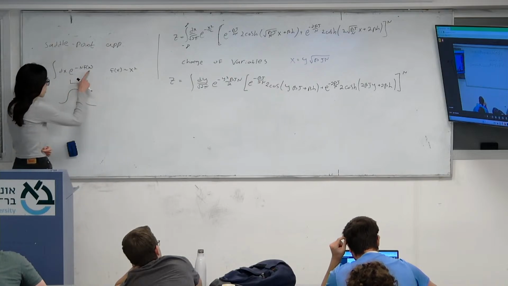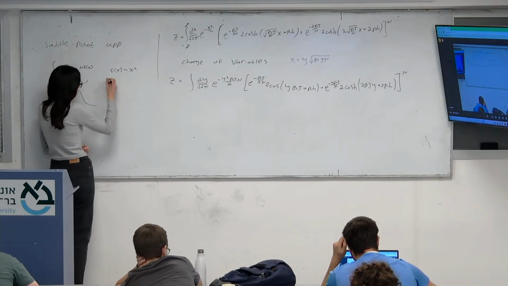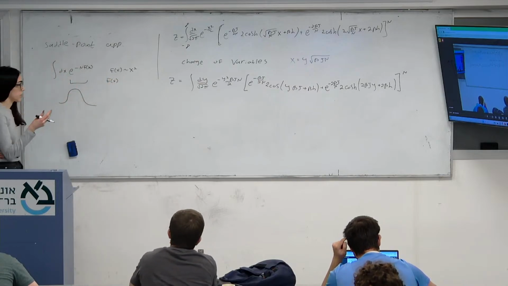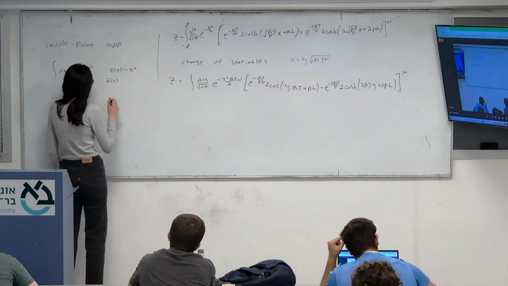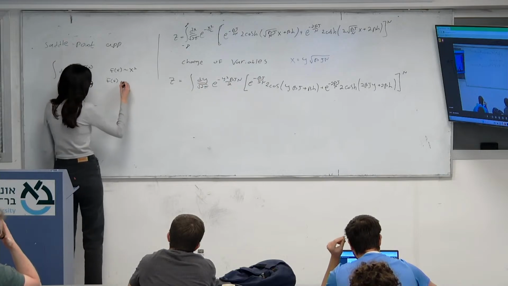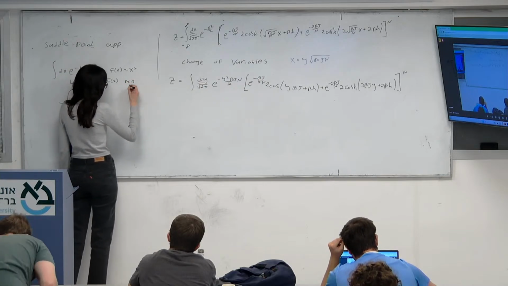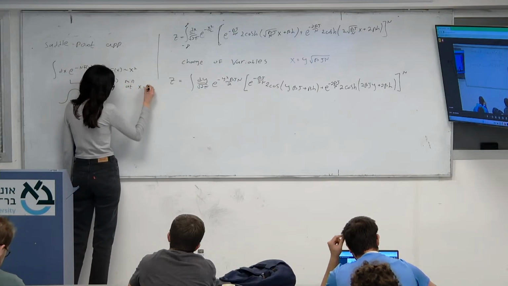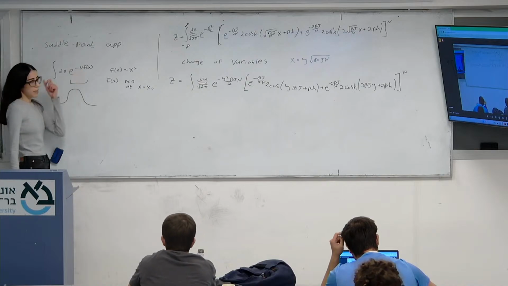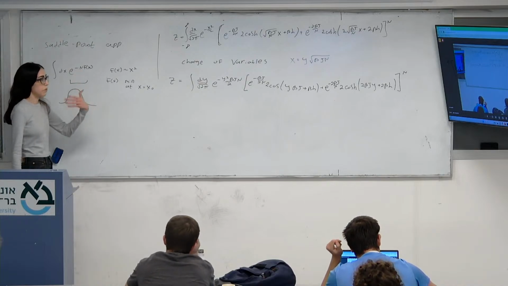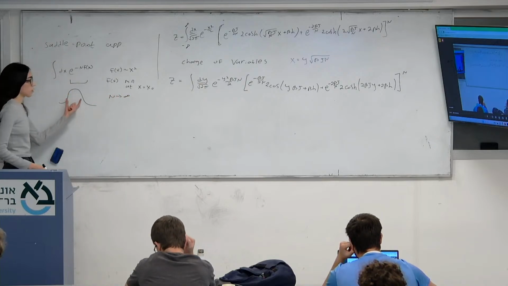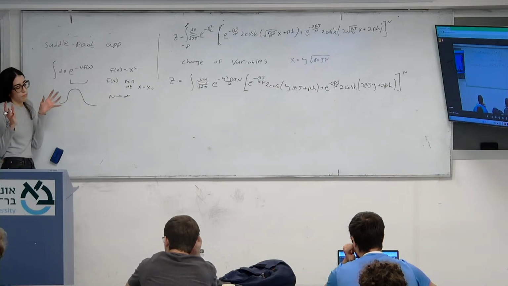So if f of x has a minimum point in x0, then if I take n and I keep increasing it, so I take n to infinity, this function is going to be more and more narrow.